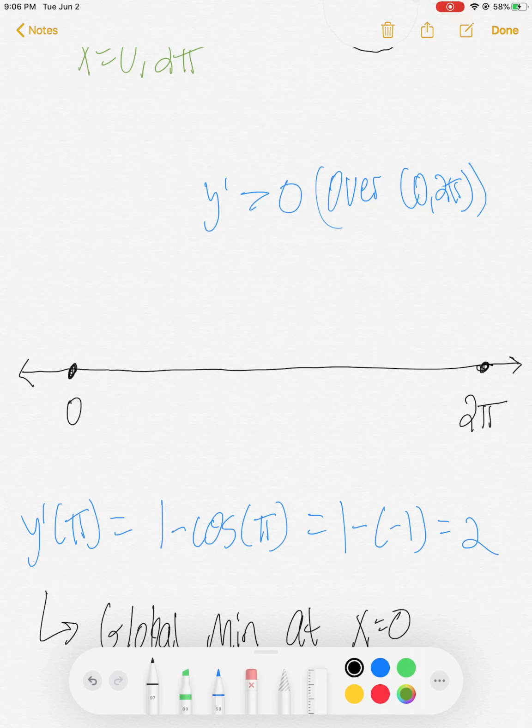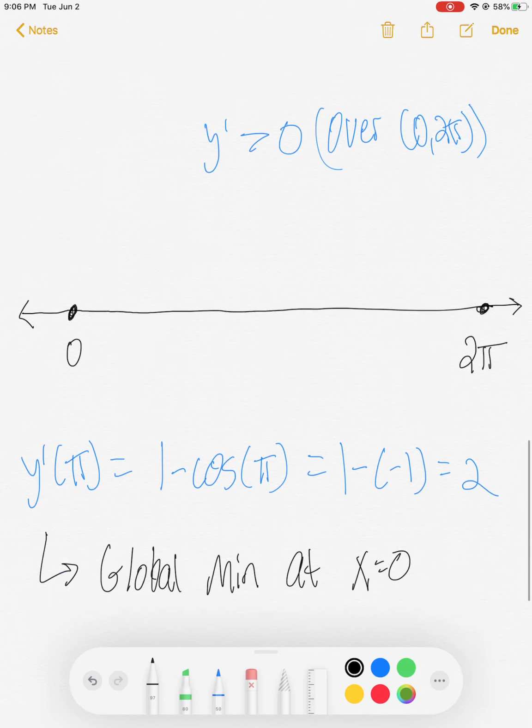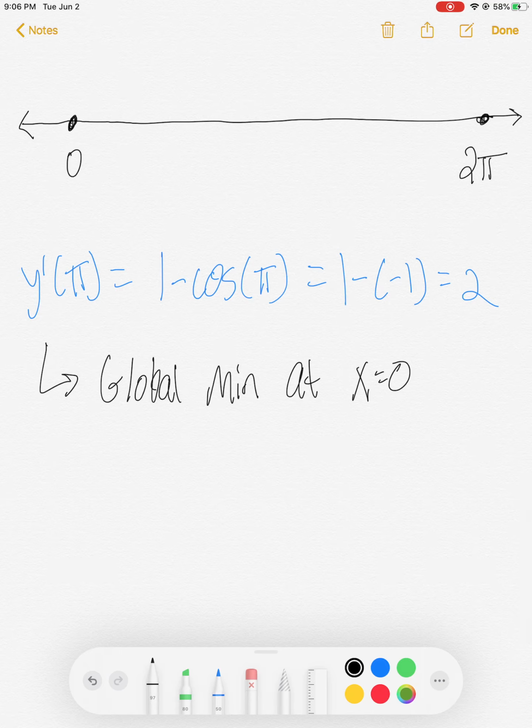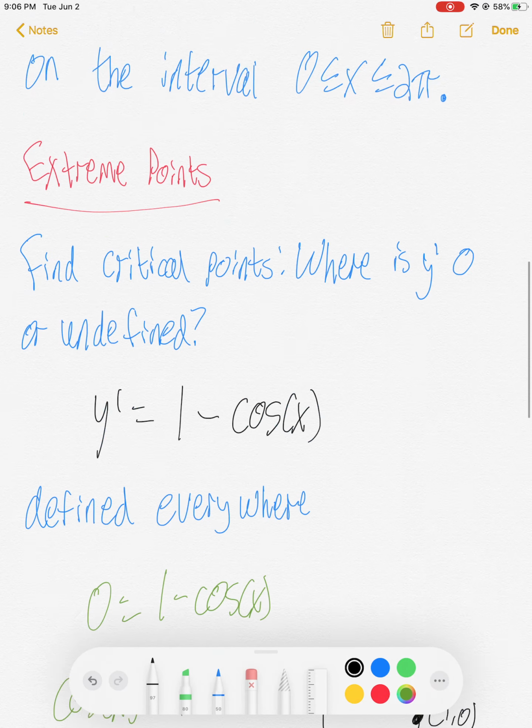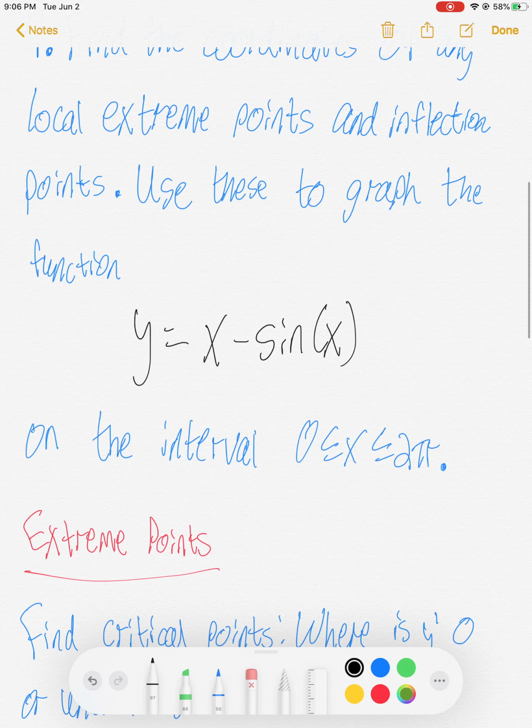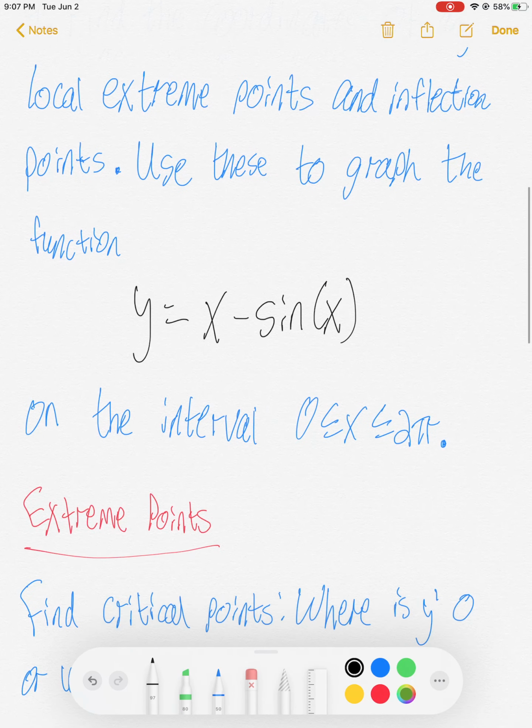The reason that we have a global min there at x equals 0, well, whenever I move to the right of 0, we're just getting bigger. The function is getting bigger because the derivative is positive. And since our function is restricted to the domain 0 to 2 pi in this case, it certainly isn't going to get any smaller than all the way at the left.